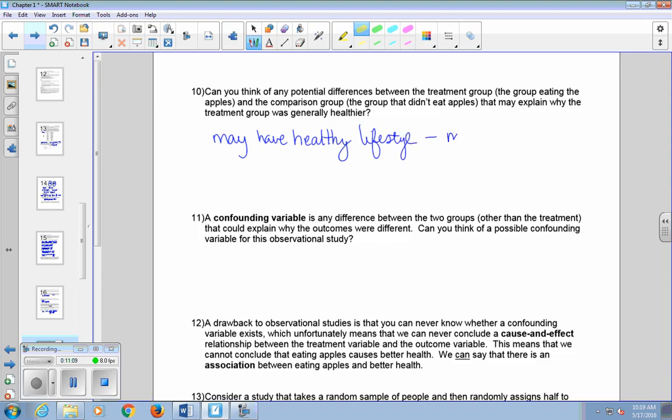They might eat healthier, and they may exercise more.